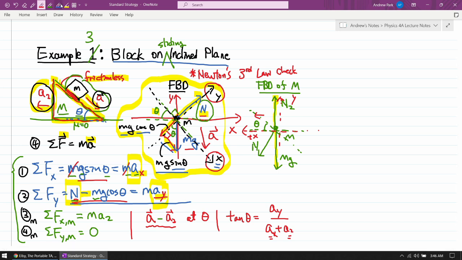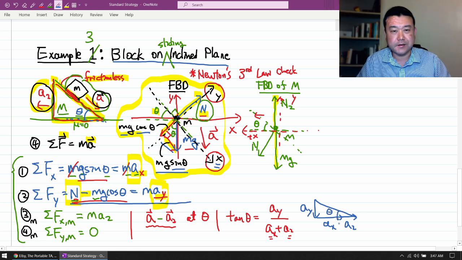So in graphical representation, something like this. The downward acceleration of a y and the rightward acceleration of a x plus the correction for the ramp moving, A2. This triangle should be similar to the triangle of the ramp, and this should be angle theta.